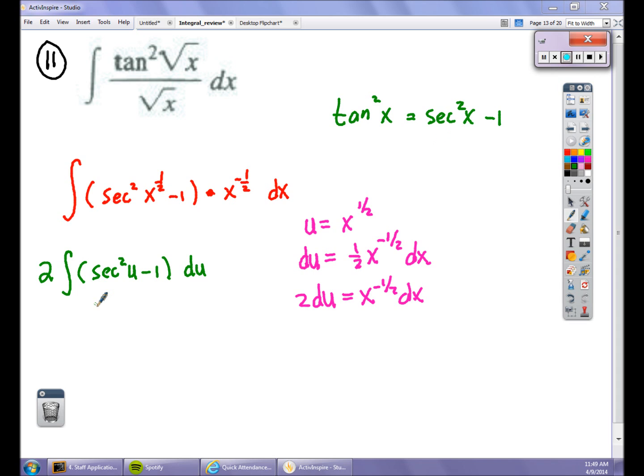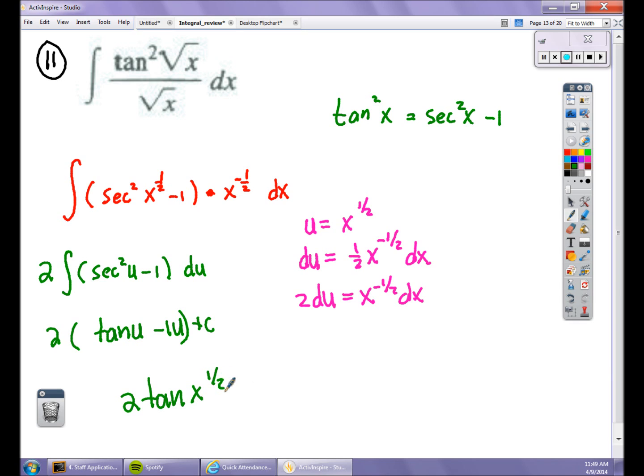The integral of secant squared is tangent of u. The integral of minus 1 is negative 1u. Don't forget your constant. Don't forget the 2 out front. 2 times tangent, swapping out u for x to the 1/2, minus, don't forget to distribute 2 to the negative 1u, negative 2u, u is x to the 1/2, plus c.